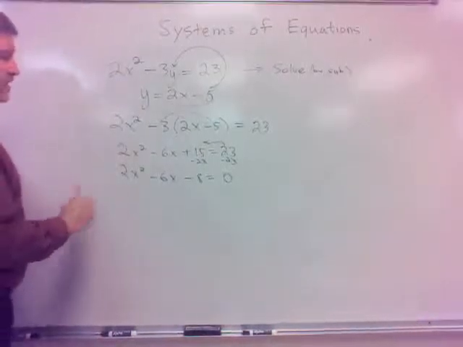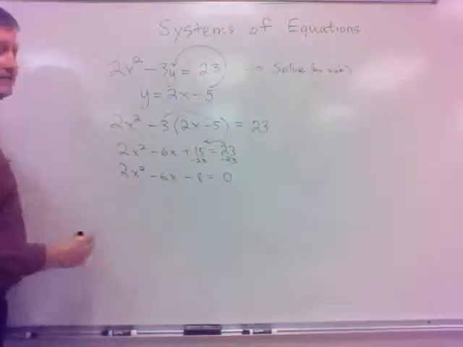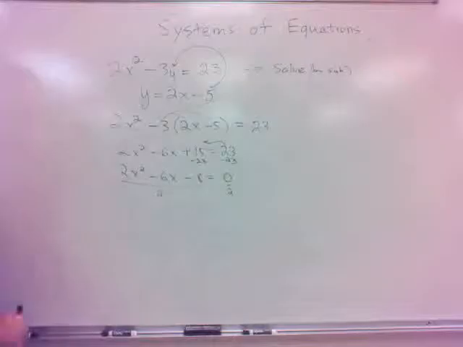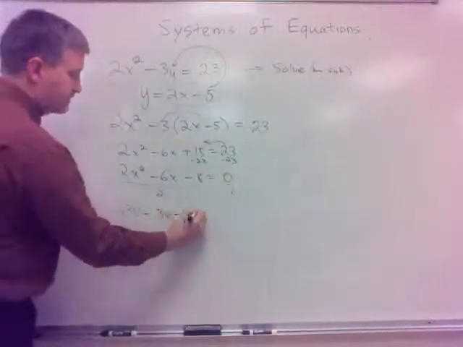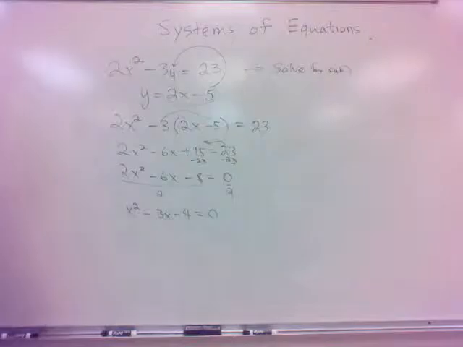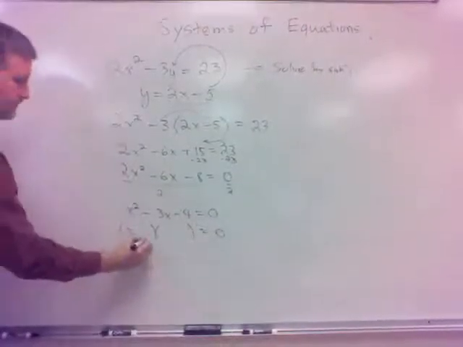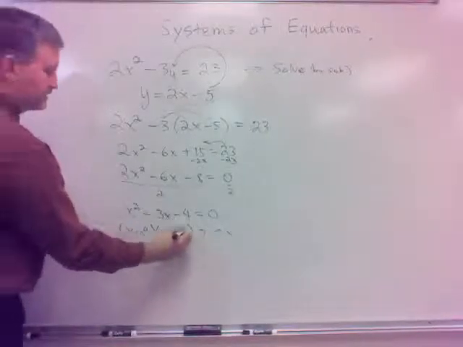Then one thing I note here is all those divide by 2, so if you ever see that, that'll help out tremendously. If you divide everything by 2, we'll get x squared minus 3x minus 4 equals 0. Makes the factoring a whole lot easier, so now I factor my left side. X squared is x and x, minus 4 with minus 3 in the middle. Hey, that's minus 4 and positive 1, isn't it?